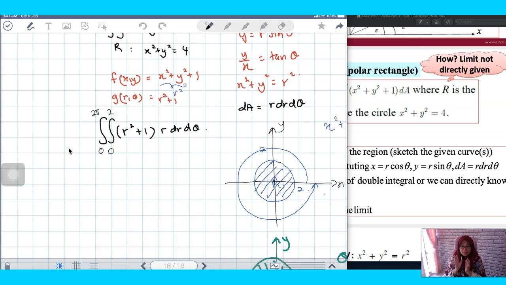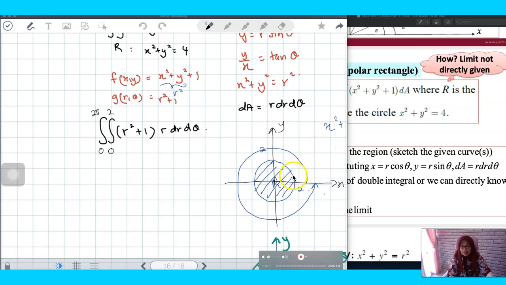But in polar, all limits are constant when your region is a circle centered at the origin. So you have to remember that. For Cartesian, when your region is a rectangle, the limits of x and y are all constant. But in polar, if you see a circle centered at the origin with some radius, the limits of r and theta are all constant. So please bear in mind.